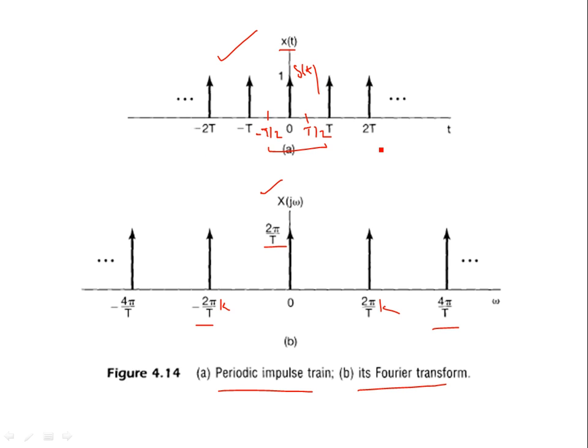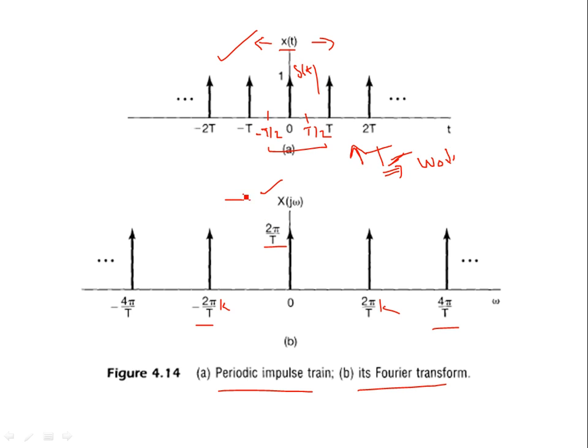You also notice over here, if T is increased, what does this imply? This implies omega naught decreases, right? What is omega naught? Omega naught is 2 pi by T. So as the period increases, the impulses shift away from each other in the time domain.